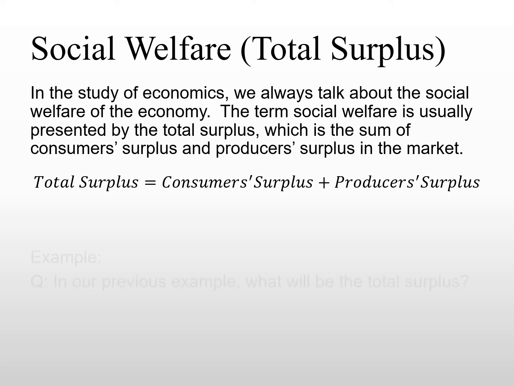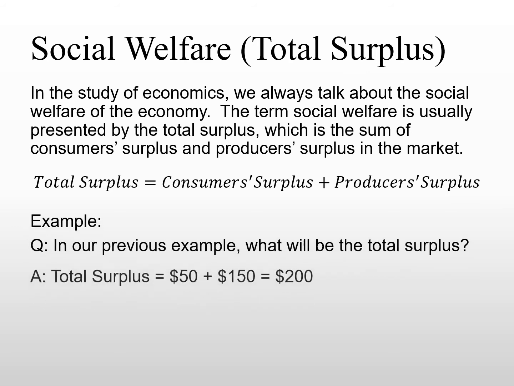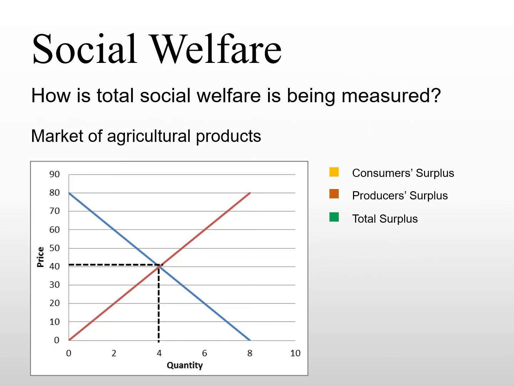In our previous example, remember, we have the total surplus summing from Target and the consumer, which is $50 plus $150, and that adds up to $200 total in that one transaction.